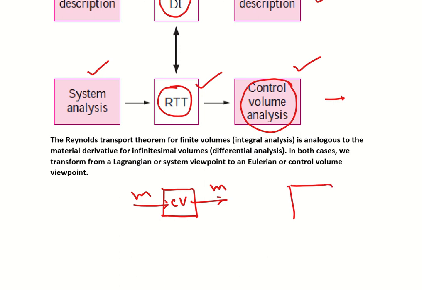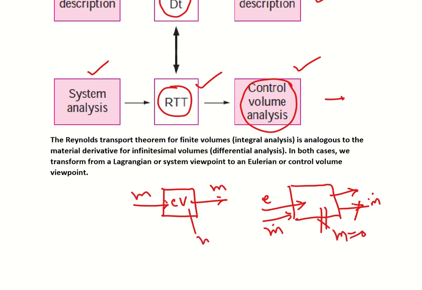And if we have a volume which is enclosed by these surfaces and energy can come in, energy can go out, but mass cannot come in and mass cannot go out, so there is no mass interaction, this is a system. Here mass interaction is 0, while in the control volume mass interaction is not equal to 0.